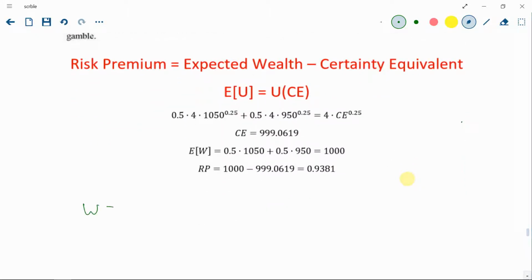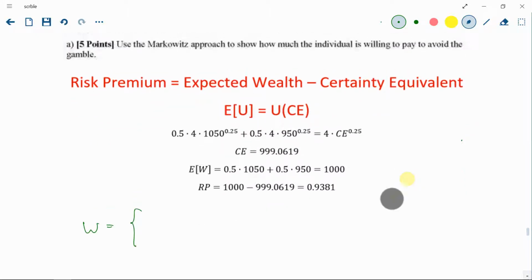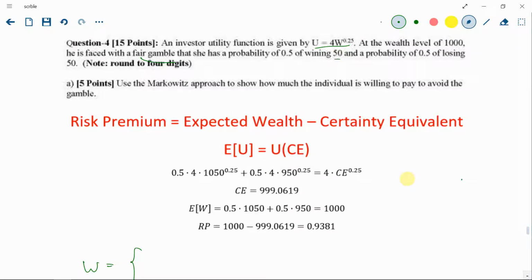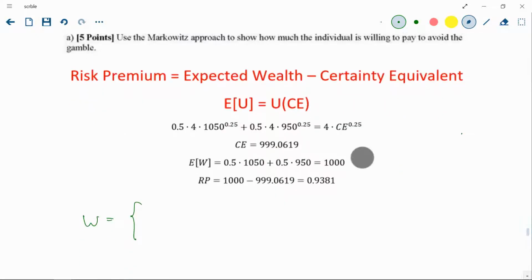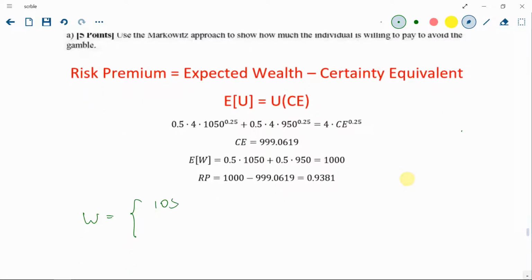So the wealth is equal to, there are two possibilities. One is gaining $50, one is losing $50, each with probability half and half, starting at 1,000. So the wealth may be this. WP means with probability, this is 50%, or it may go down to this with probability 50% as well.